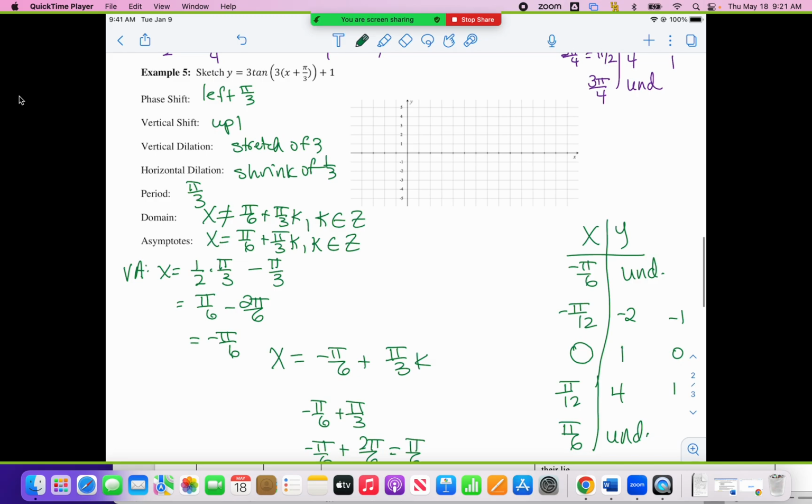All right, so here we go. I'm going to make every other tick pi over 6. So 2 pi over 6 is going to be pi over 3.